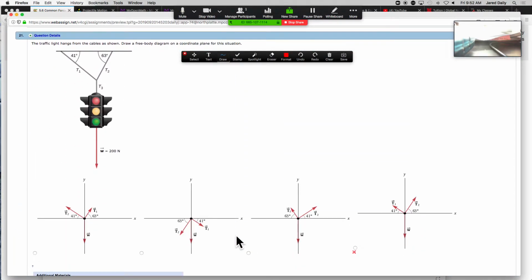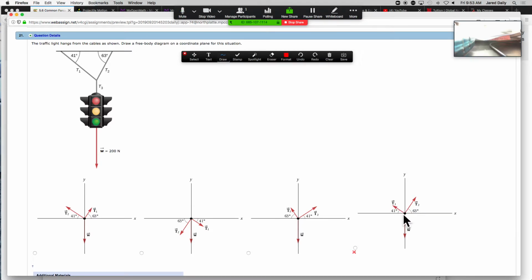And traffic light. Last one, because the T1 and T2 are in the right place and it's the right angles. The way it's going down.